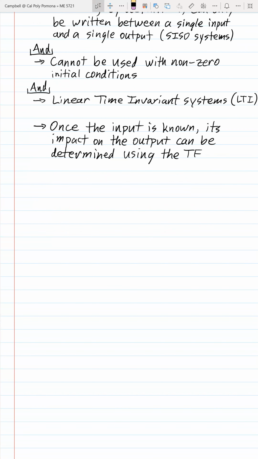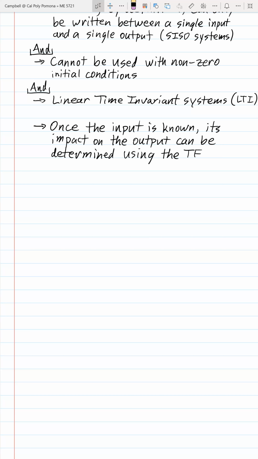So when you see a multi-input, multi-output system, what you would do is choose one input to look at, choose one output to look at, and write a transfer function between those two, and ignore the others. You would say the other inputs are effectively non-existent. Then you could write it between that same input and maybe a different output, assuming that the first output you were looking at doesn't exist.